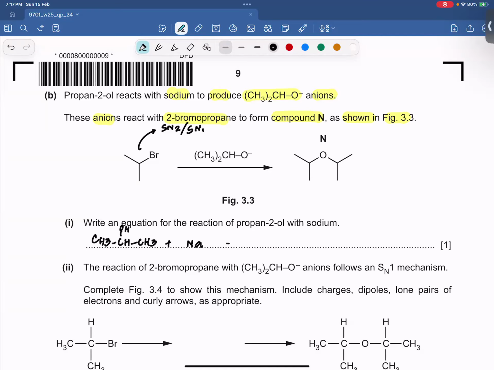With sodium, it's going to be treated with Na plus hydrogen gas. I need to put 2 here, and 2 here. Okay? Just to balance the equation.